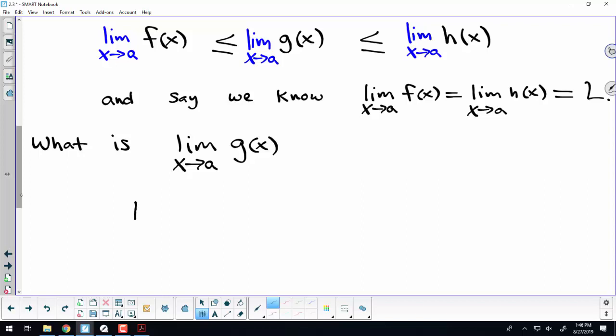We're saying that L, the limit as x approaches a of f of x, is less than or equal to the limit as x approaches a of g of x, which is less than or equal to L. So this limit that I need to compute is less than or equal to L, but greater than or equal to L, which means it has to be equal to L.